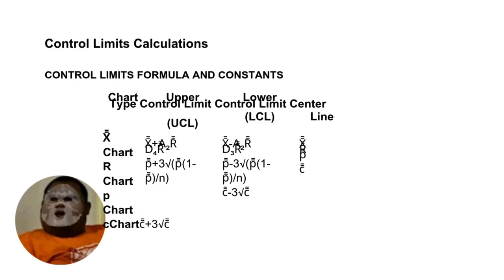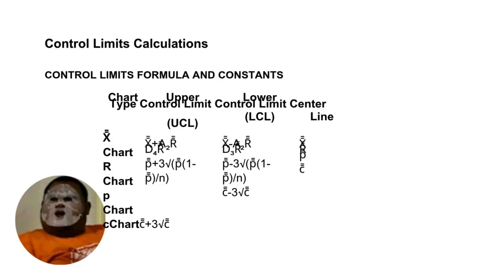This is a table for the chart type. I'm sorry the table looks like this, but the slide later will actually show a proper table. Well, I'll just say it here. Upper control limit, UCL, for the X bar chart: X double bar plus A2 R bar. For the LCL, it is the same with minus, and the center line will be X double bar. For the R chart, the UCL is D4 R bar, LCL is D3 R bar, center line is R bar.